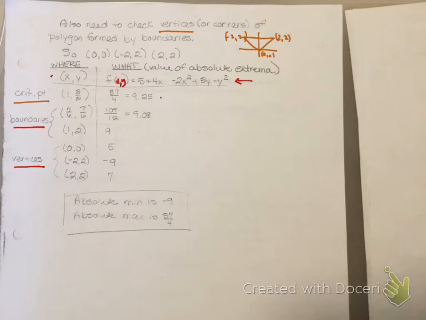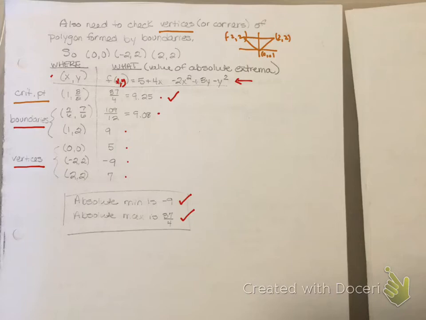You get 9.25, 9.08, 9, 5, -9, and 7. So the smallest value is -9. That's your absolute minimum. And the largest value is 37/4, 9 1/4, and that's your absolute maximum.